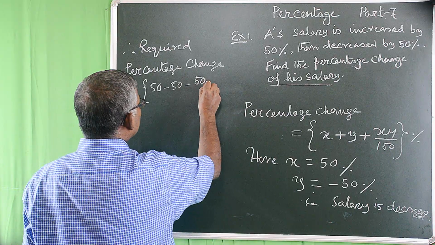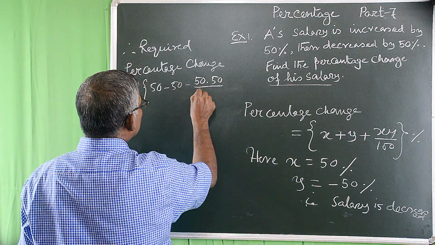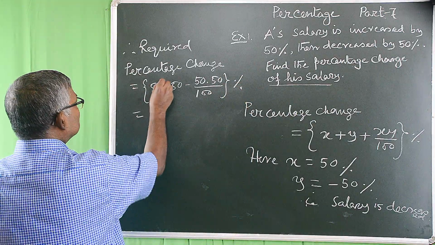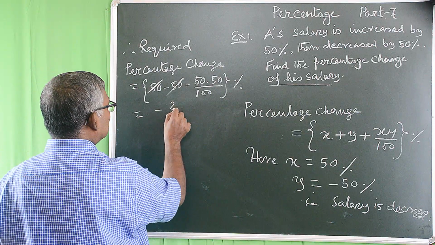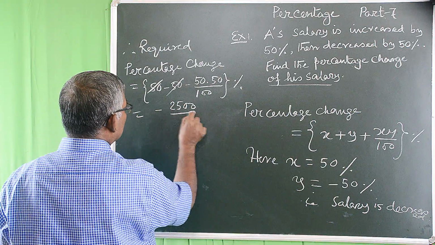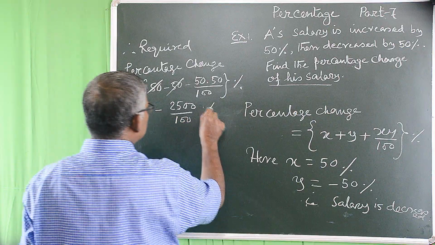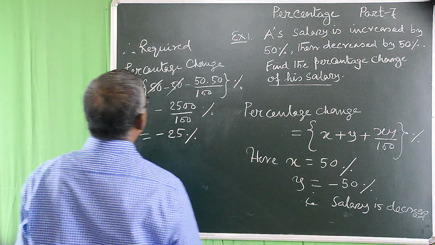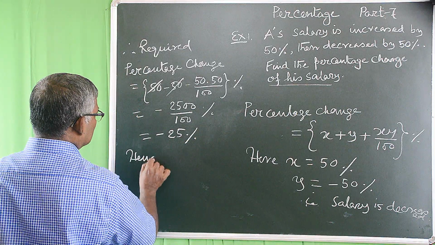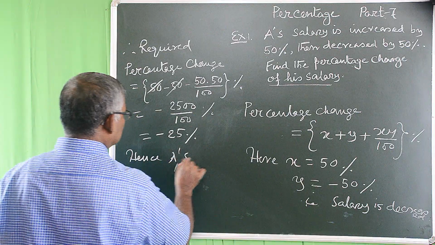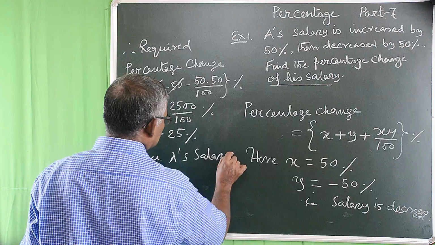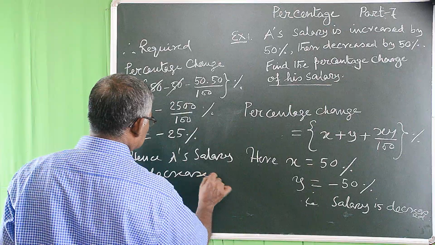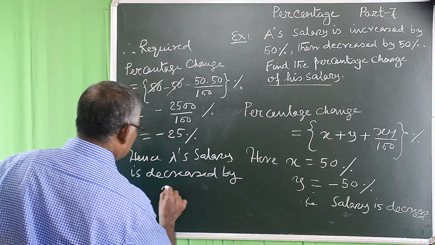Minus 50 into 50 by 100% equal to minus 2500 by 100% equal to minus 25%. Hence, his salary is decreased by 25%.